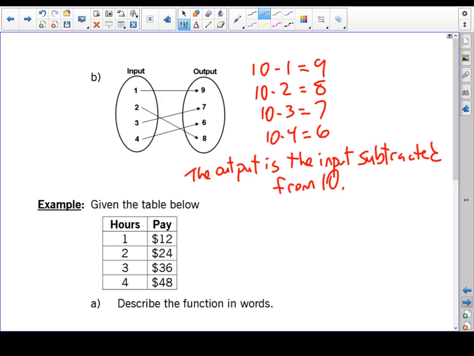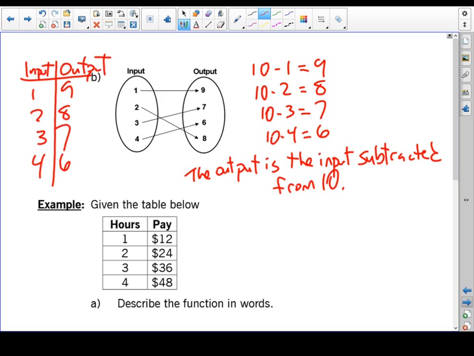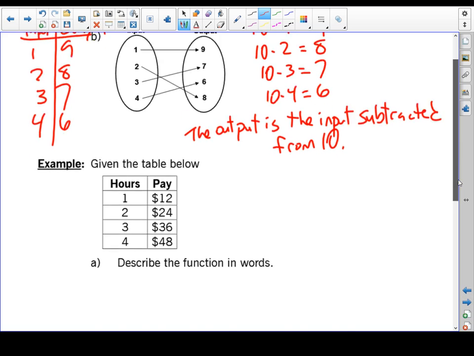Very simple. And again, if you didn't get it before I put it out there, I know you're going to see it now and be like, oh yeah, I know what you're talking about. So (1, 9), (2, 8), (3, 7), (4, 6).